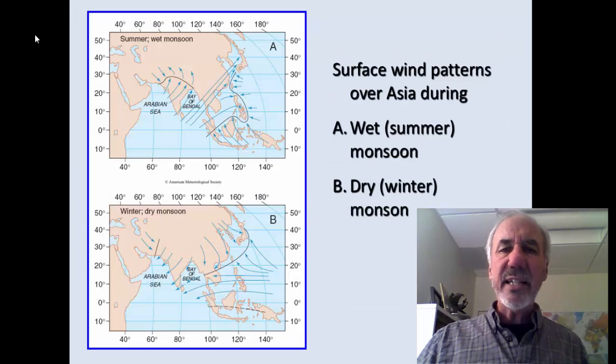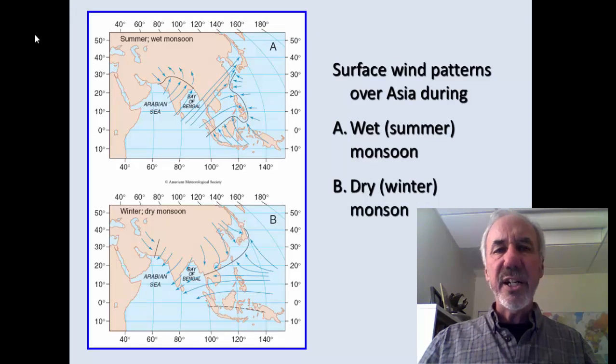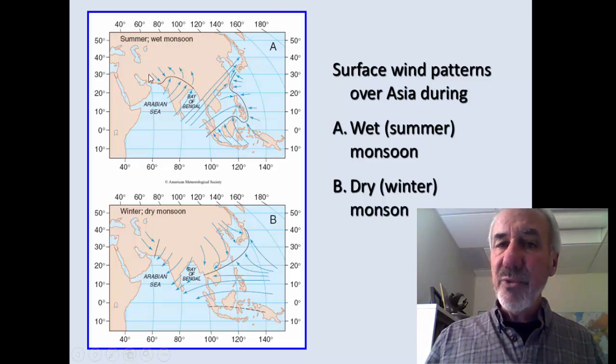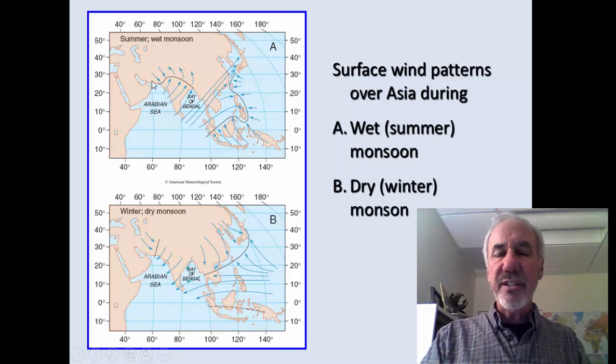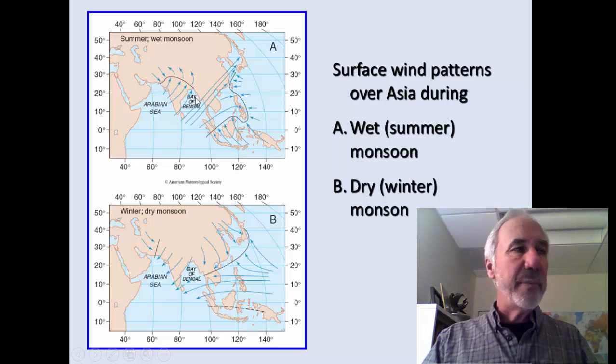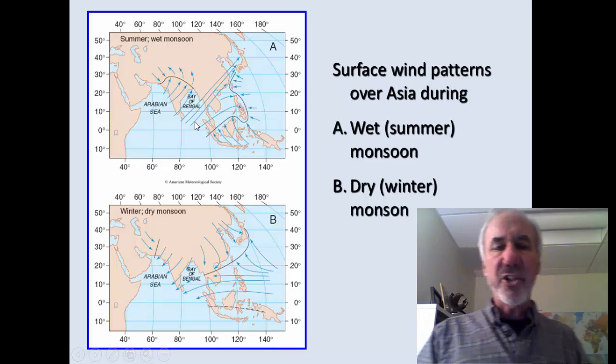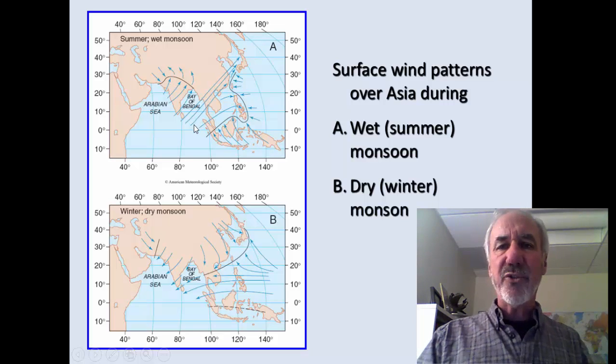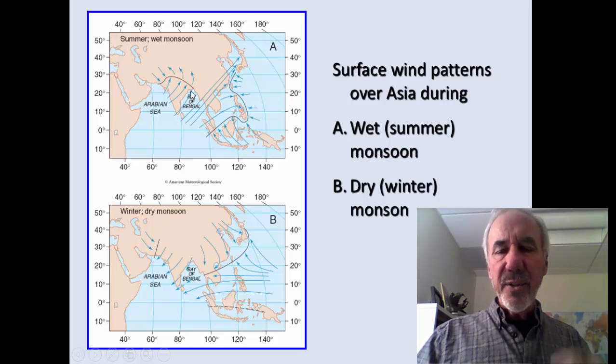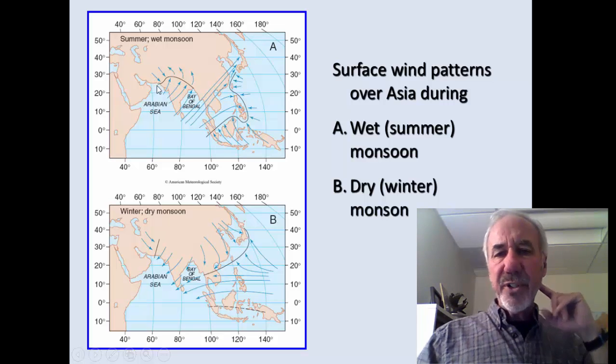All right, let's take a look first at the monsoon in India. What you're looking at here in the top slide, this would be during a North American summer. This dark line is really the intertropical convergence zone. Remember, we talked in the first part of this chapter about how the ITCZ moves north during our summer, and that's what it's done.